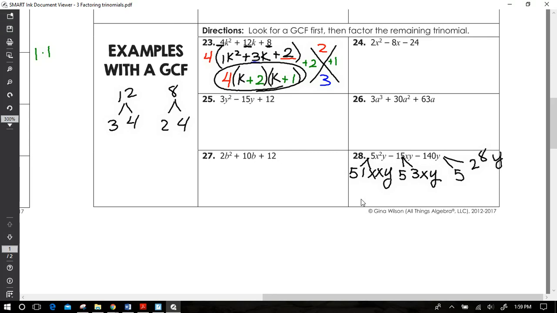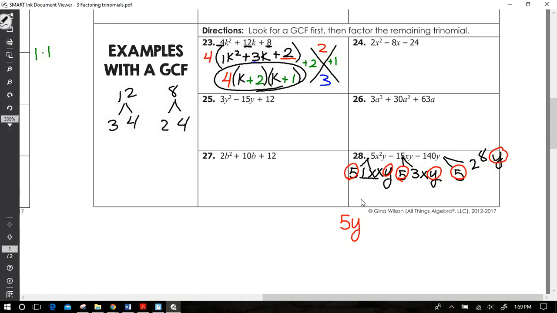So now I'm going to find the GCF. Everything has a 5. I see a y, and a y. Everything has a y. Does everything have an x? Can I take an x out? Nope, I sure can't.